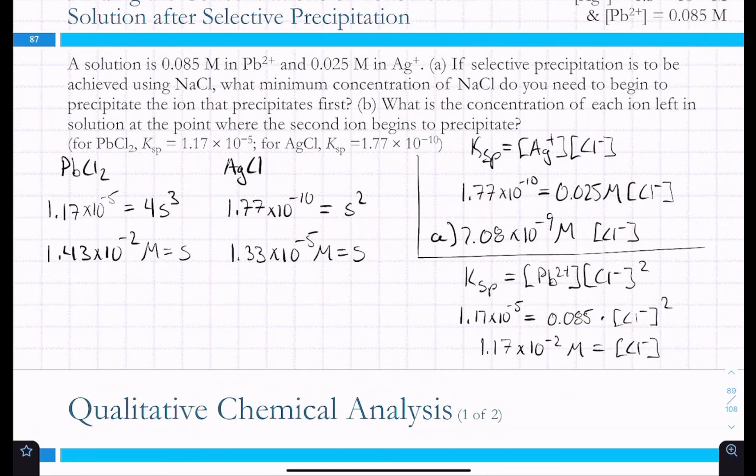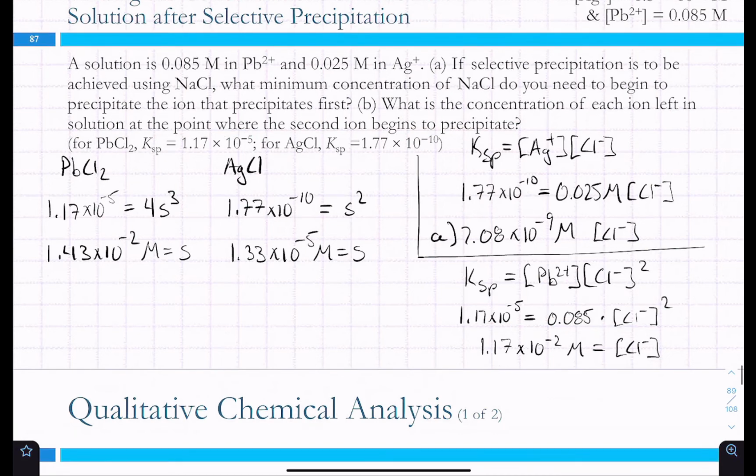So this is where the second ion begins to precipitate, that concentration of Cl minus. And even if we have all of this Cl minus and we've almost entirely precipitated out all of the silver, there is still a tiny amount that's going to stay soluble in the solution.